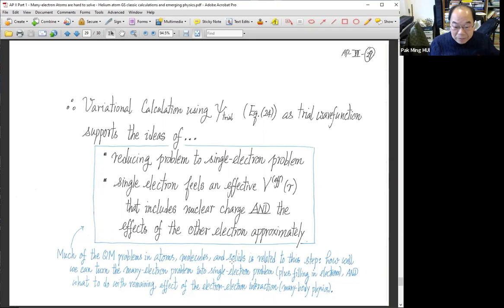The remaining question in those subjects is how well we can turn this problem into a single-electron problem, then how to fill the electrons back into the single-electron states, and then what to do if we want to do a little bit better than this approximation. The last question gives rise to a big separate subject called many-body physics.